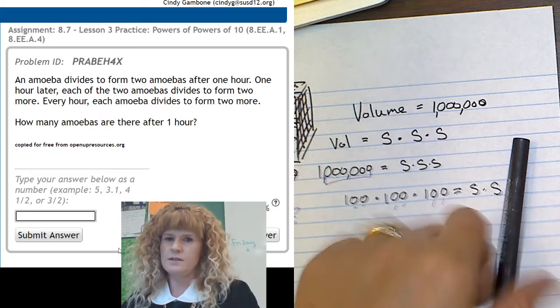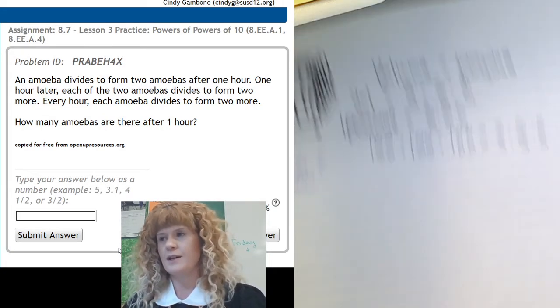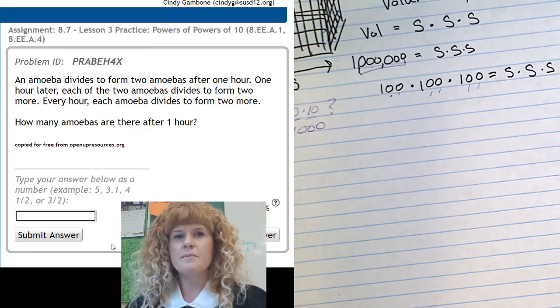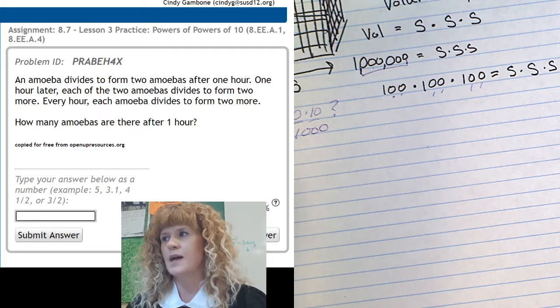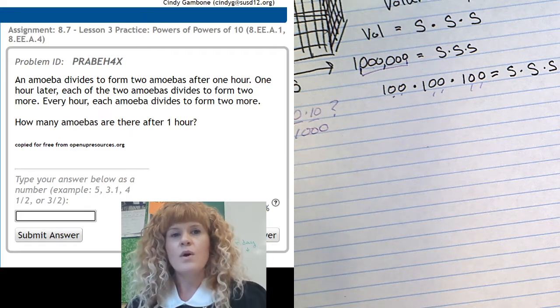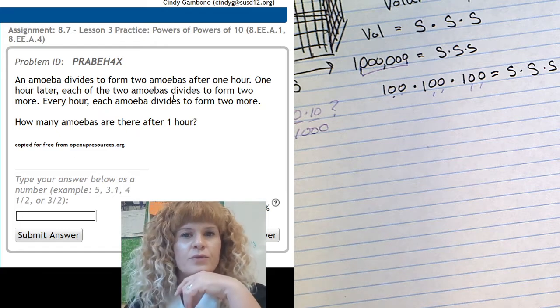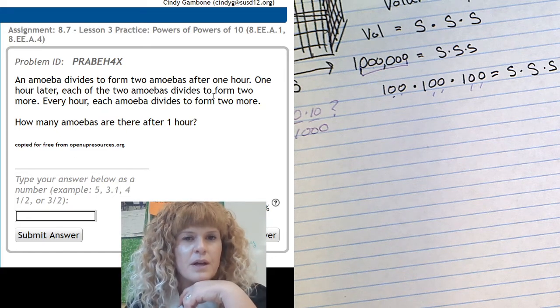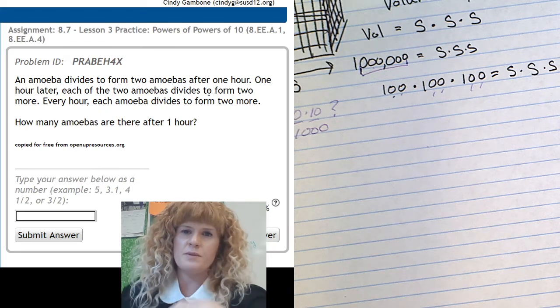Next question. This is kind of a biology question. You're going to love it. An amoeba divides to form 2 amoebas after 1 hour. 1 hour later, each of the 2 amoebas divides to form 2 more. Every hour, each amoeba divides to form 2 more.